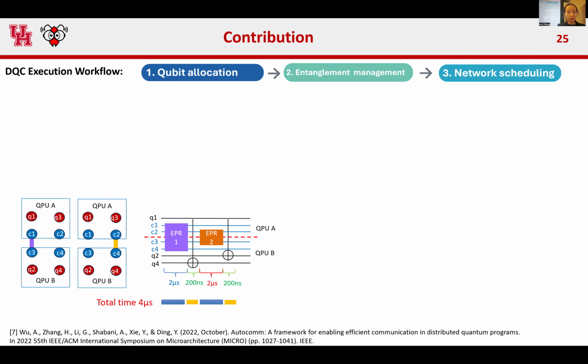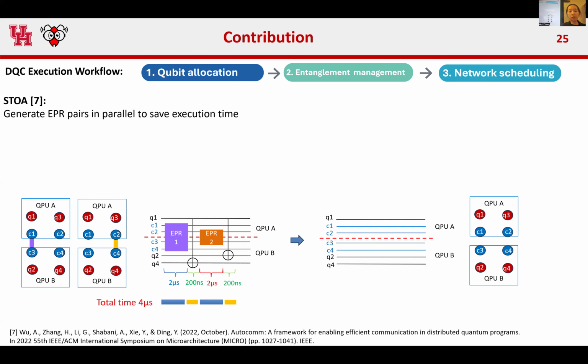And then what about the next work? Another work made some progress on that. They generate the EPR pairs in parallel to save execution time. For reference 7, we can see that if there are sufficient communication qubits, then in just 1 EPR time, they prepare these 2 EPR pairs together, and then do remote gate 1, and then remote gate 2.